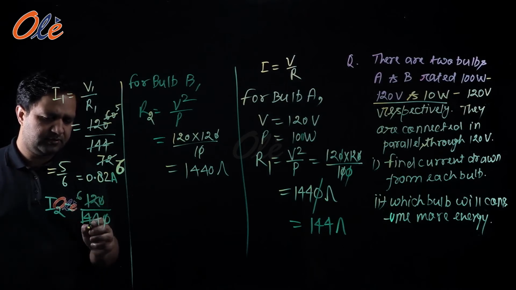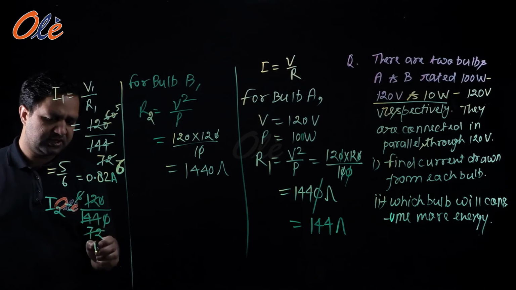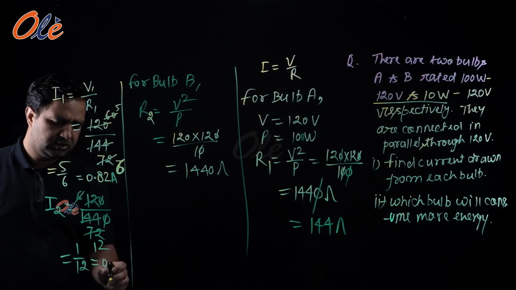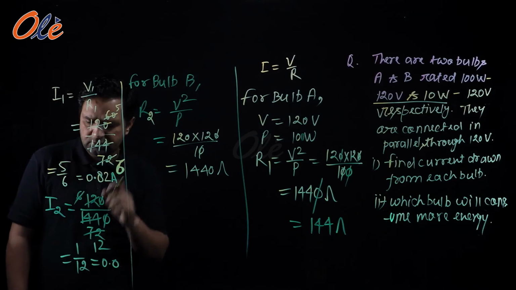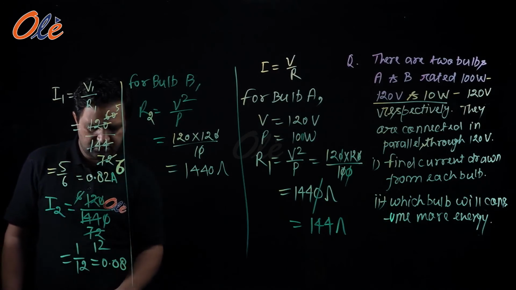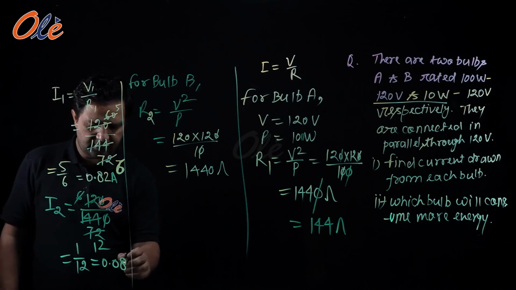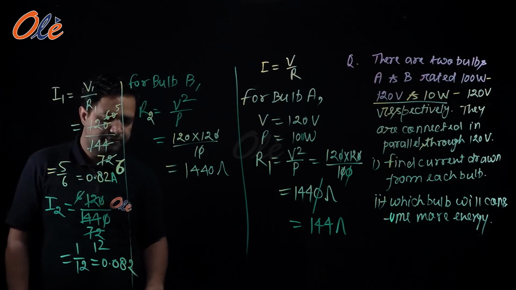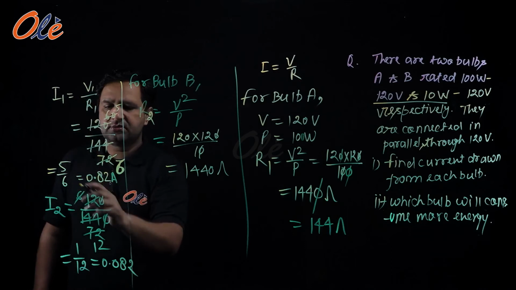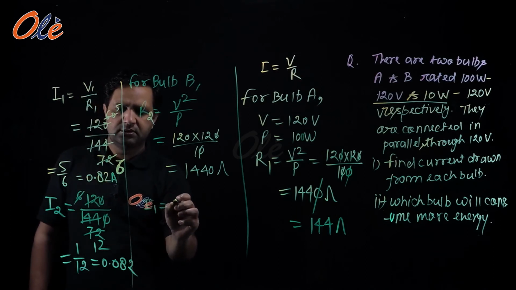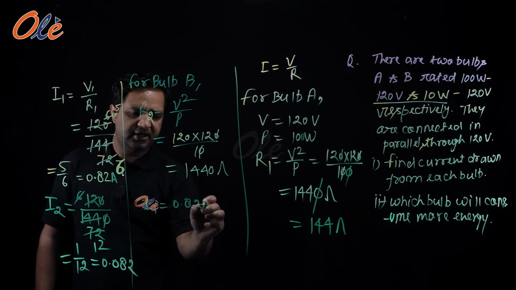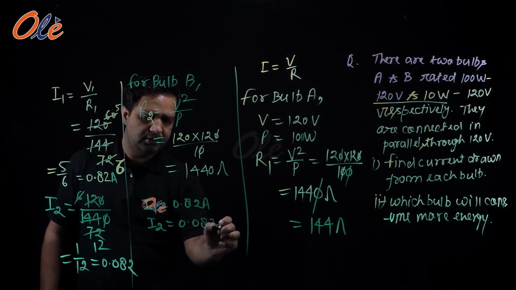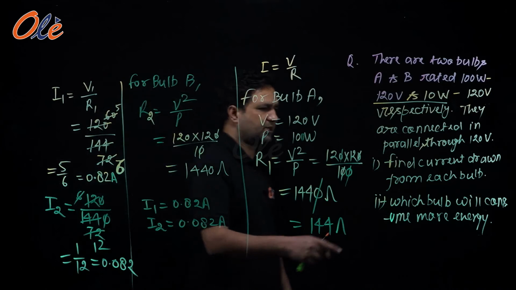So 1 by 12, 0.08, approximately 0.082. So for I1 the current is 0.82 ampere, and for I2 it is 0.082 ampere. This is the current drawn from each bulb.